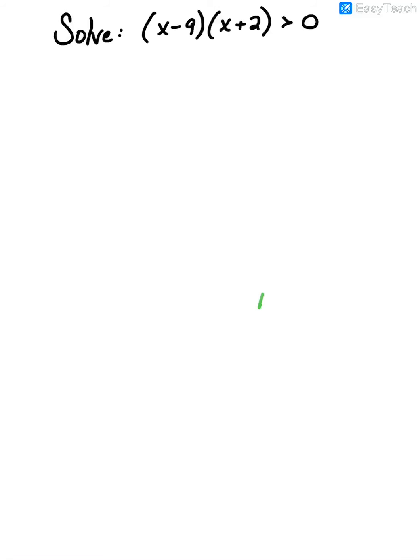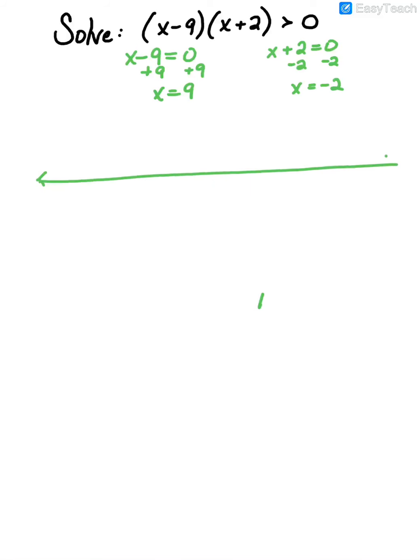So if I take each factor and I set it equal to 0 so that I can find where those points will be on the x-axis, I have one point at 9, and I have another point at -2. So if I'm looking at my x-axis, we have one point at -2, and we have another point at 9.